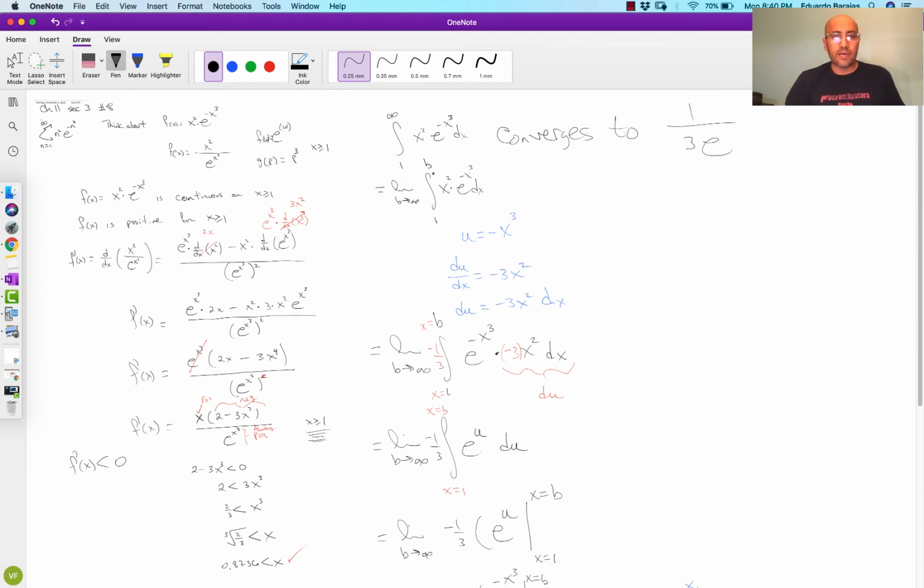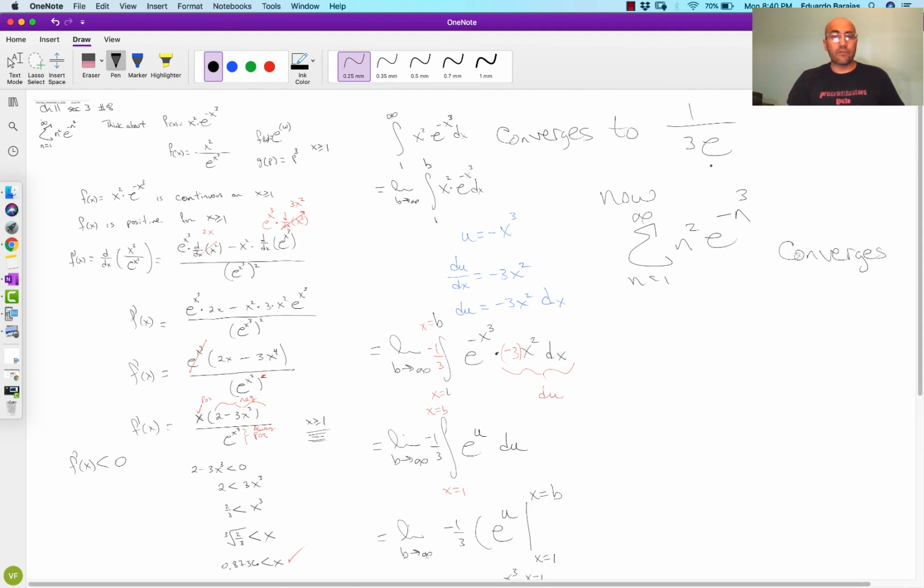Because this function is continuous, decreasing, and positive, and the integral converges, now we can conclude that this series from 1 to infinity of n squared e to the negative n cubed also converges. Good. It doesn't necessarily converge to that, but it does converge.